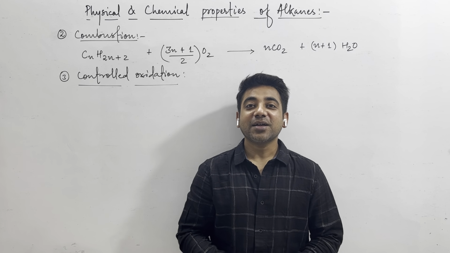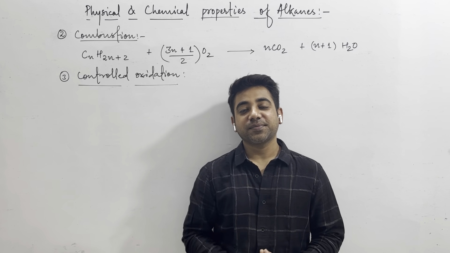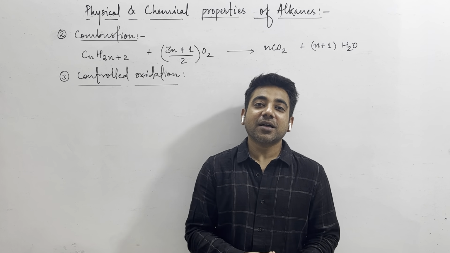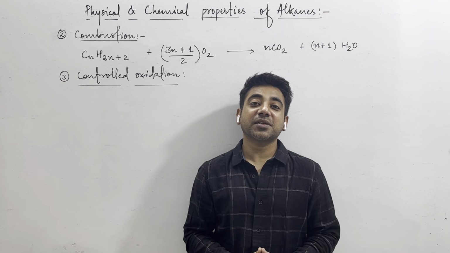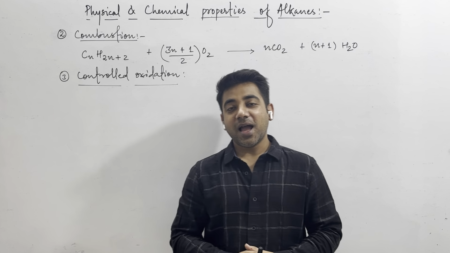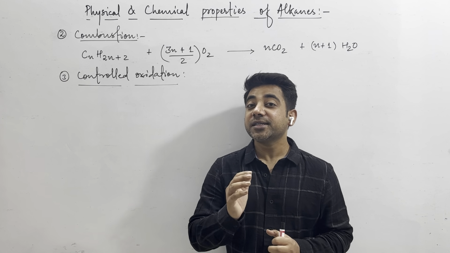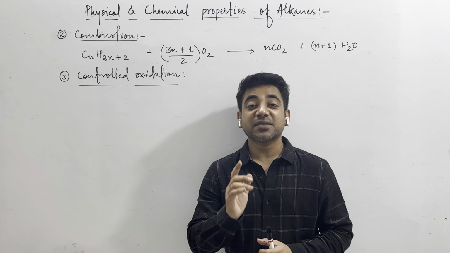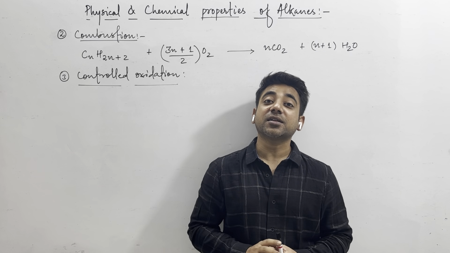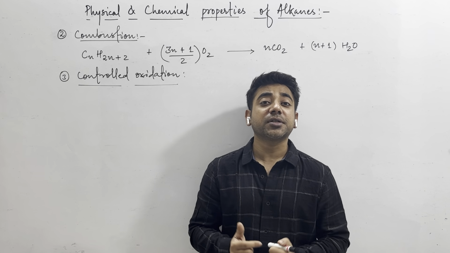Okay. Now the next in the sequence is controlled oxidation. Controlled oxidation is the oxidation of alkanes which takes place in presence of some specific catalyst, and these examples will also give you an idea about the specificity of catalyst, how specific they are for a particular reaction.